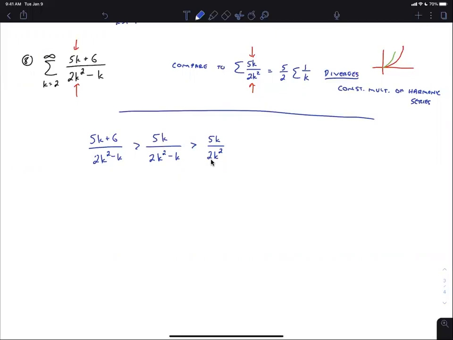Now, for all this logic to work, everything has to be positive. If we didn't know it was positive, maybe this went to negative infinity, and so being bigger doesn't help. The easiest way to show it's positive is to say the smaller one is bigger than 0, which means the bigger one is too. So for all of our logic to work, everything's got to be positive.